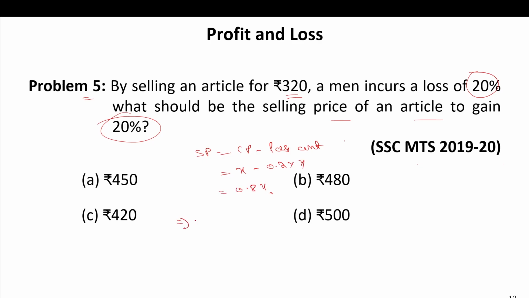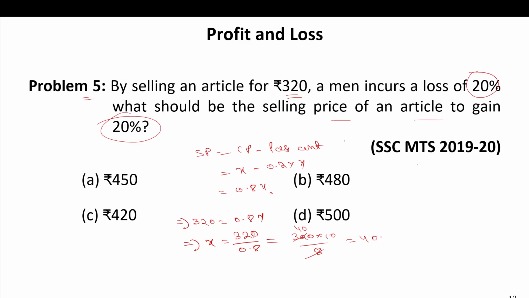So given that SP is given to us, 320 is equal to 0.8x. So this implies that x is equal to 320 by 0.8. Okay. So this is equal to what? 320 into 10 by 8. So this is 400.